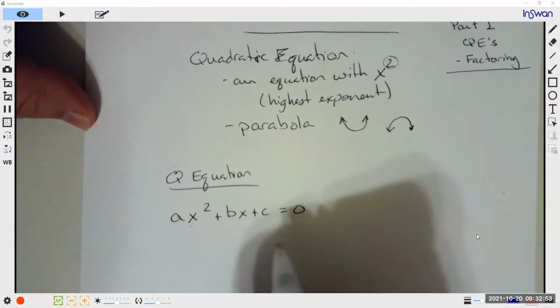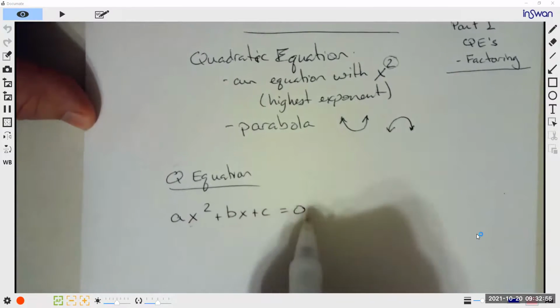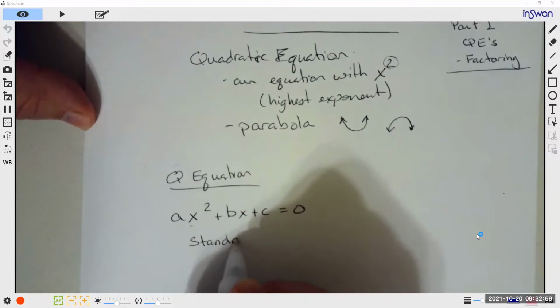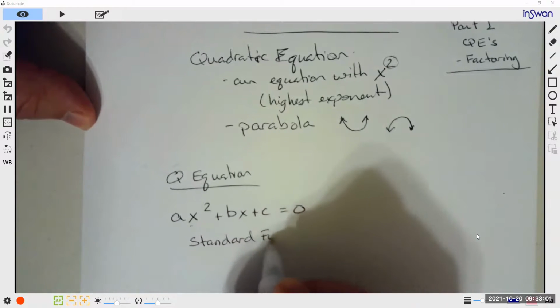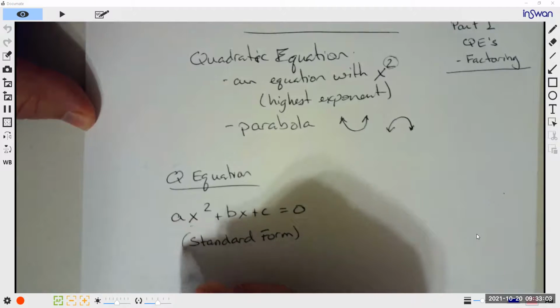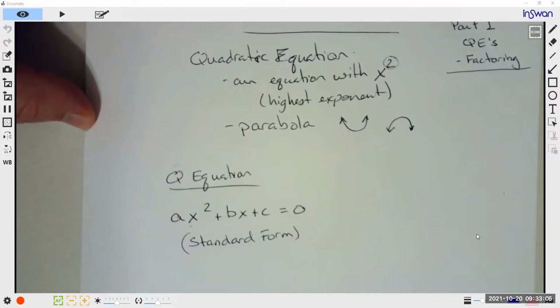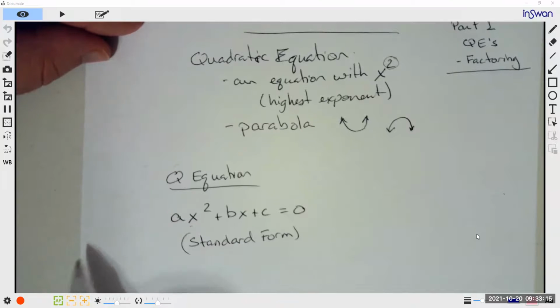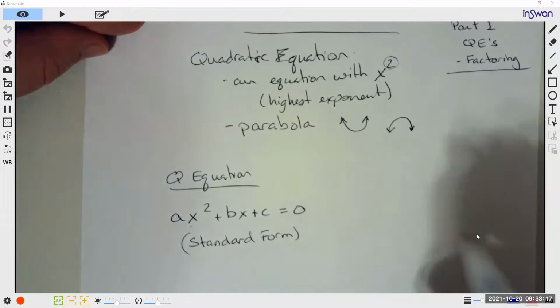When it's written in this form, when everything's on one side set equal to 0, this is what's called the standard form. So whenever I say put it in standard form, that means move all the letters and numbers to one side and set it equal to 0.